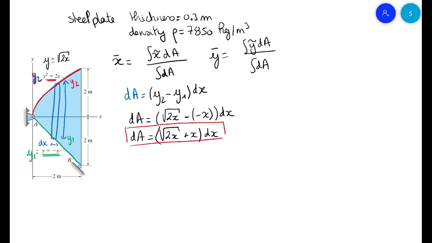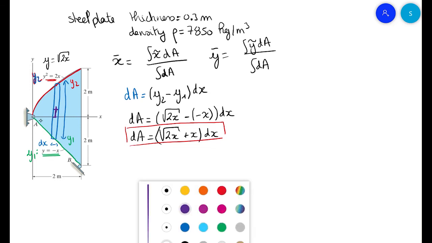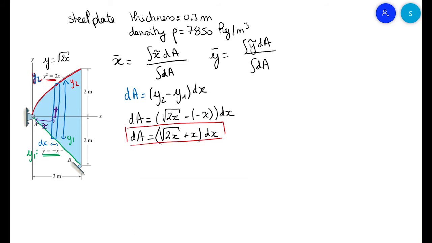Now we need to write x tilde and y tilde in terms of x. The center of the rectangle is somewhere there. This is x tilde, and this is y tilde. For x tilde, it's equal to just x. For y tilde, it's the middle of the length of this rectangle, which is y1 plus y2 divided by 2.